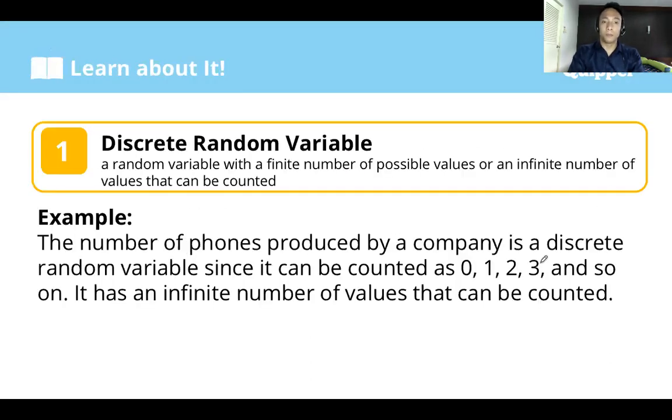Now, we have first the discrete random variable. A random variable with a finite number of possible outcomes.